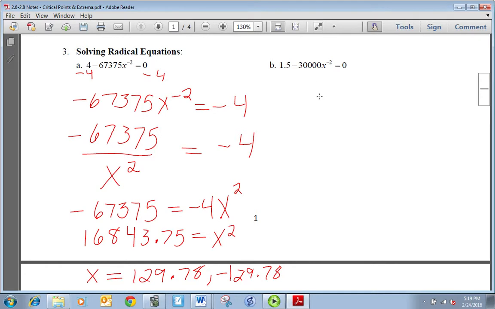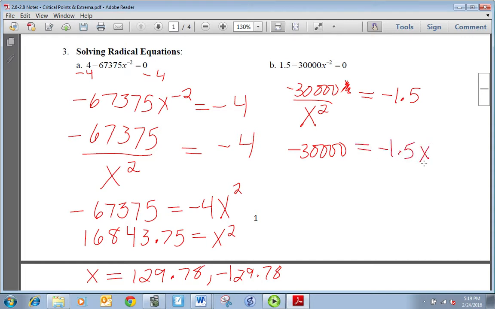B is going to be similar, so we're going to have negative 30,000 over x squared is equal to negative 1.5. So multiply both sides by x squared. So negative 30,000 equals negative 1.5 x squared.